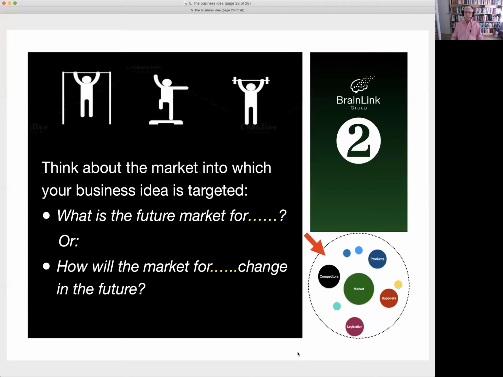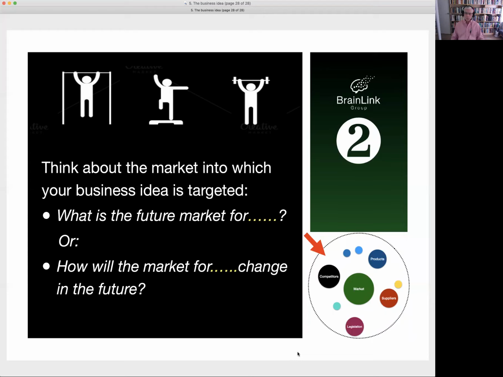And the way you'd express it is like this. When you think about the market into which your business idea is targeted, the question you ask is, what is the future market for underground power in the mining industry? Or how will the market for power for underground mining change in the future? So that's the way you will structure your focal question, because that is now going to enable you to focus your environmental scan.